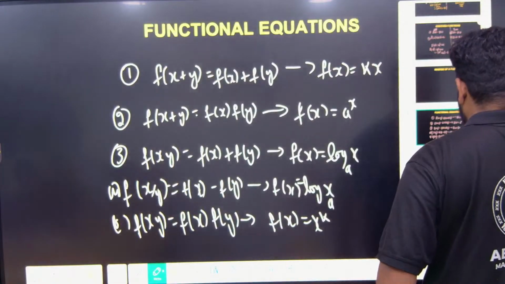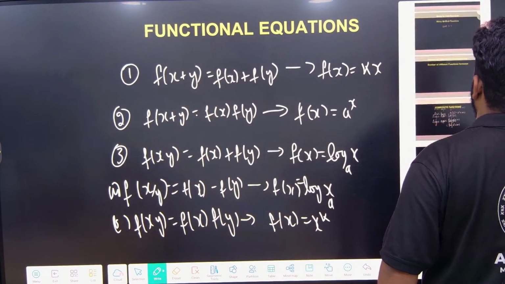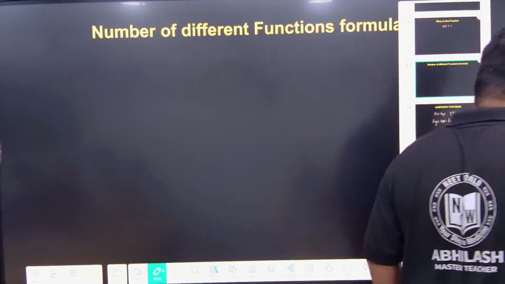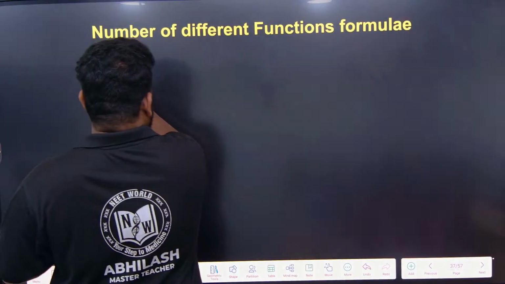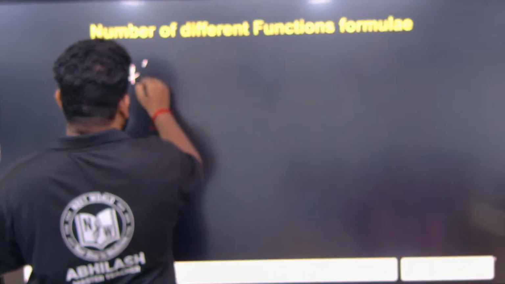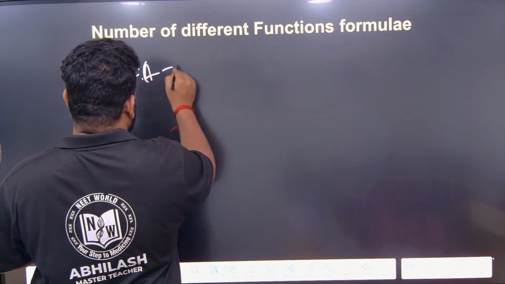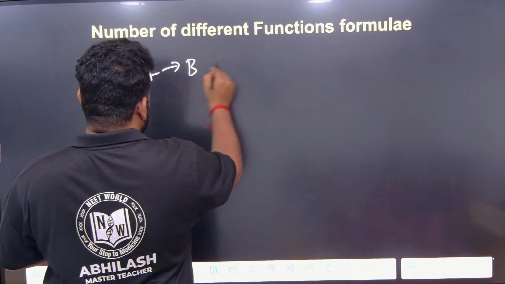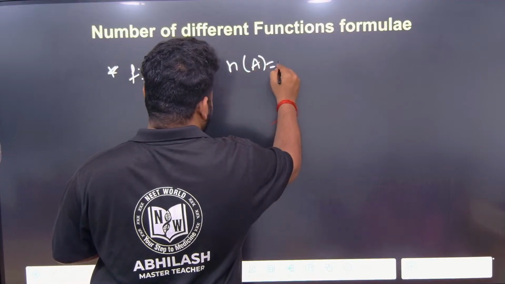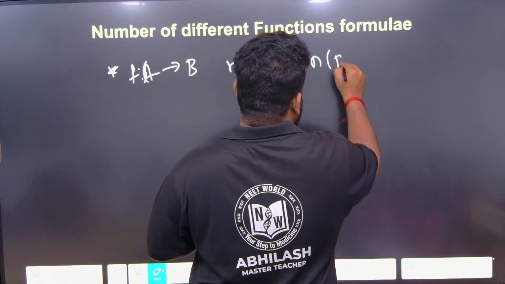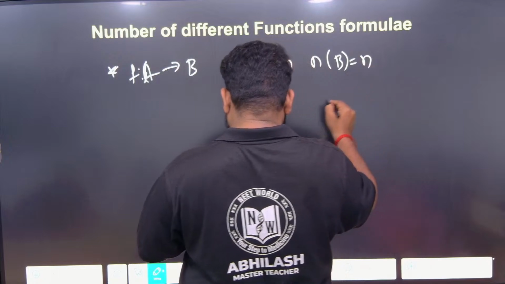So let us write this one also, no problem. Number of different functions formula. So first write down, we are having f from a to b as a function, n of a is m, n of b is n.